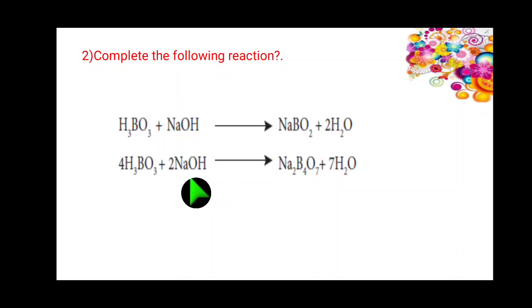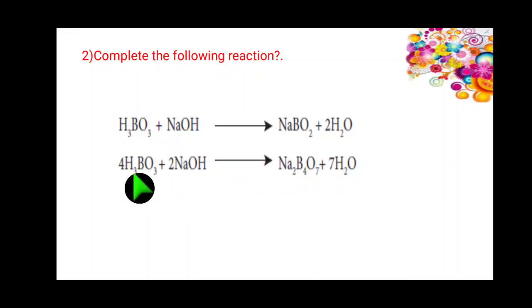Then the second equation, boron we see, right side 4, so left side we have to write 4, already written, right? Then sodium, right side 2, left side make it 2. Then finally we see the hydrogen, 4 into 3, 12 hydrogen plus 2, 14 hydrogen, so 7H2O, right? This equation is balanced.